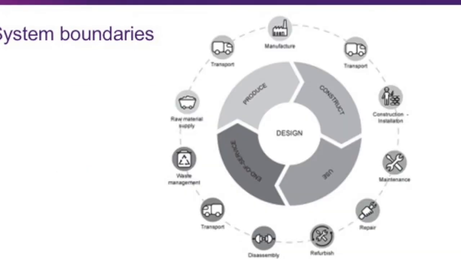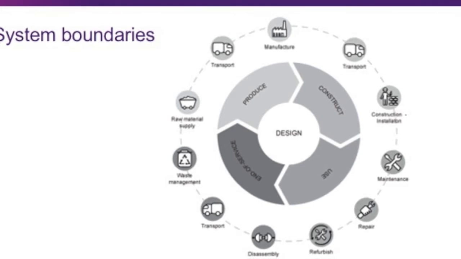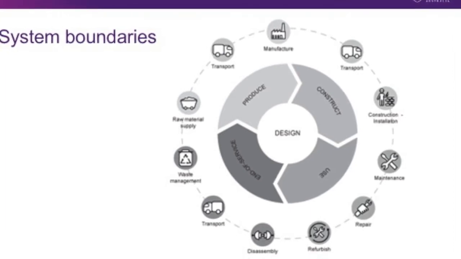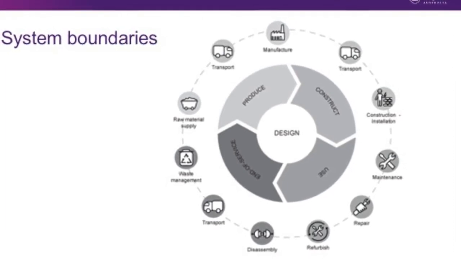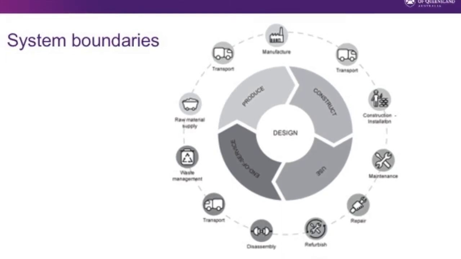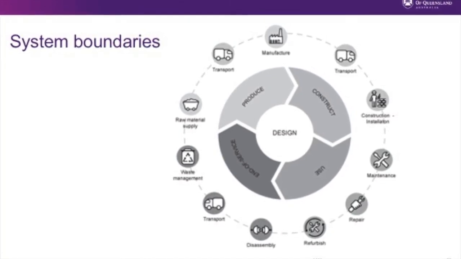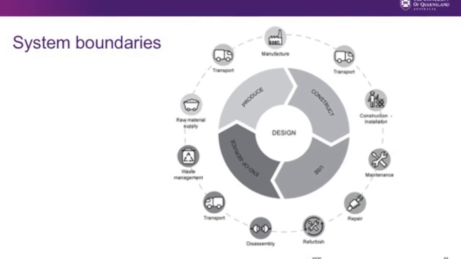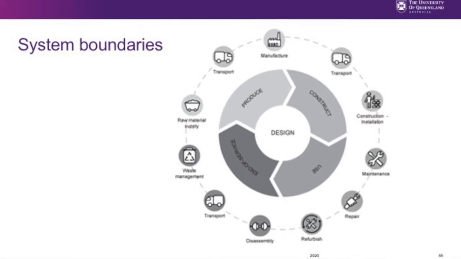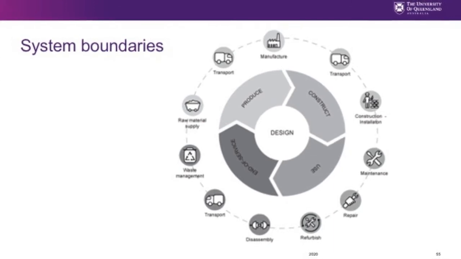Another way of seeing this is the way that we've been discussing when we were talking about life cycle thinking, right? So these are the steps, and generally speaking, users of this method divide the system into production, construction, use, and end of use or end of service.